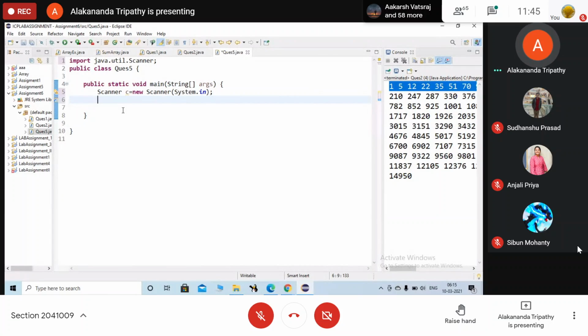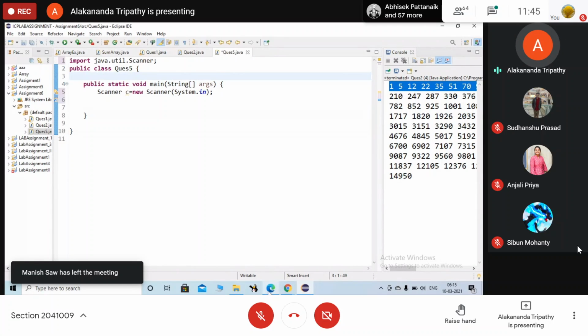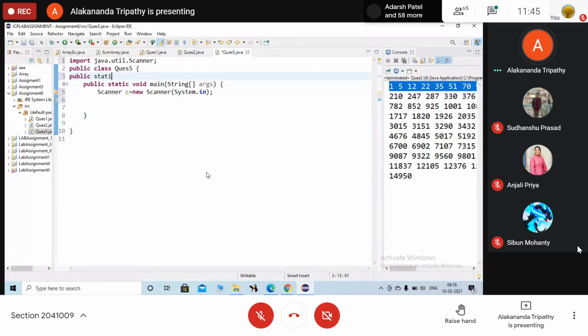So here पहले प्राइम नंबर के लिए देख लो. What is the method name? Public static boolean isPrime(int number).